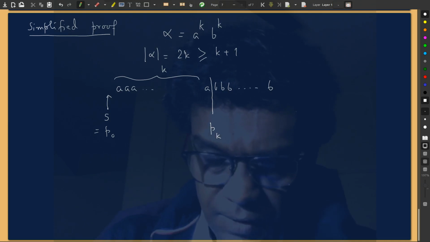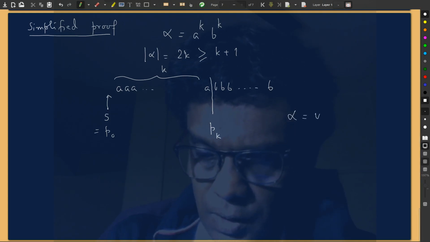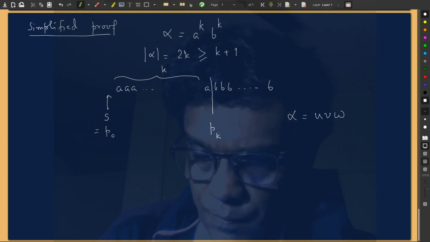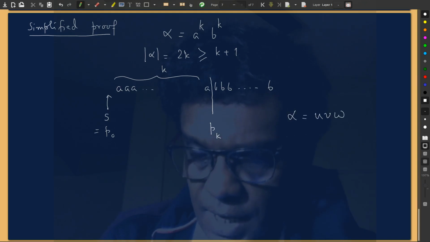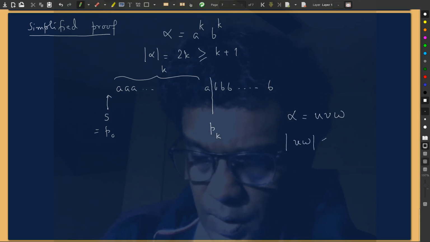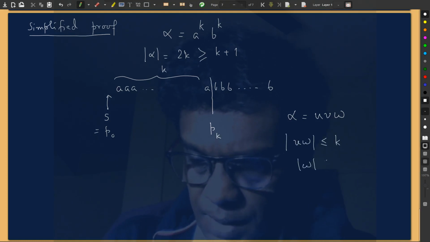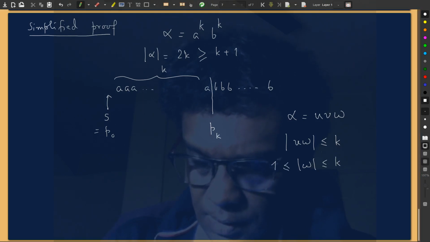So once again, with this decomposition, as we have done in the earlier proof, we can have alpha equal to U, V, W. The only thing is that the length of UV is less than or equal to k, and the length of V is at least 1, greater than 0.